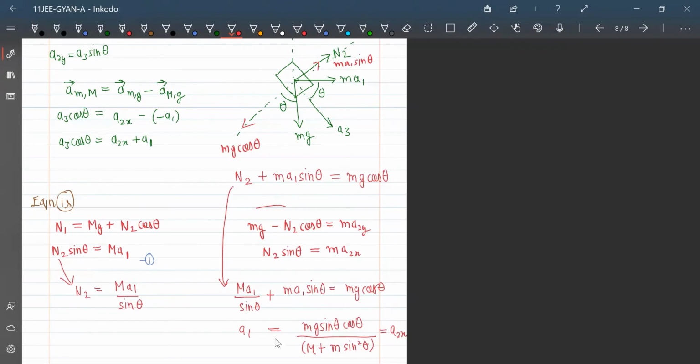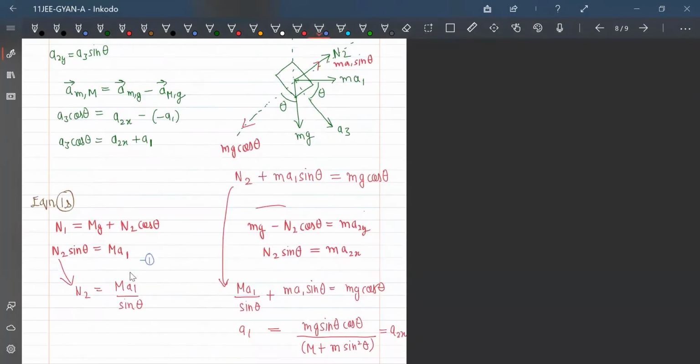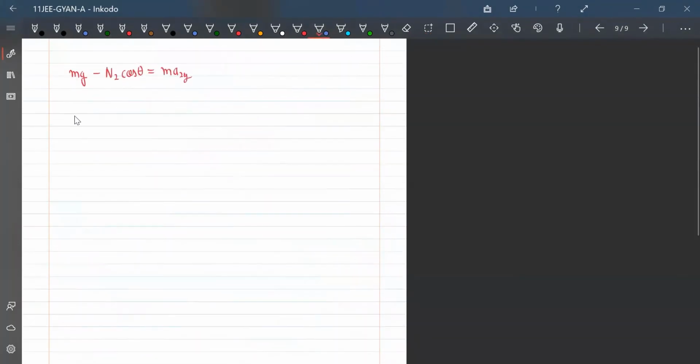So यहाँ से a1 आ गया, a2x आ गया. And of course you have the normal force, यहाँ से a2y भी निकाल सकते हैं using this equation. So I have my n2 as ma1 by sin theta.